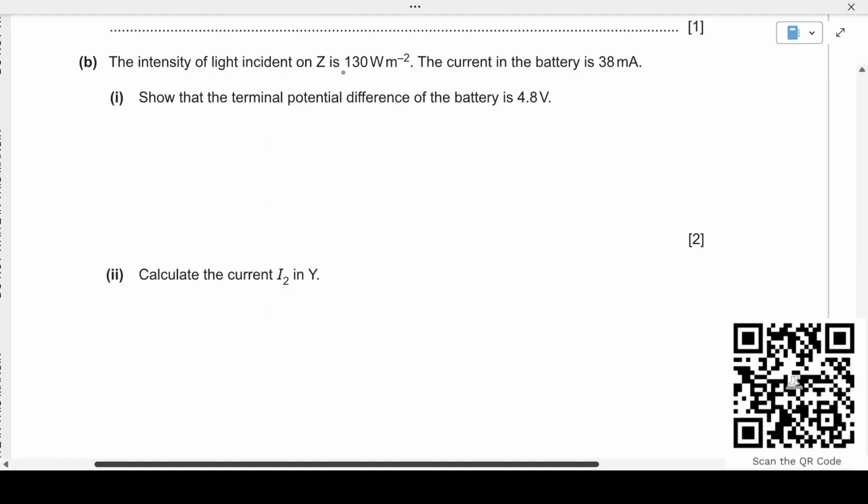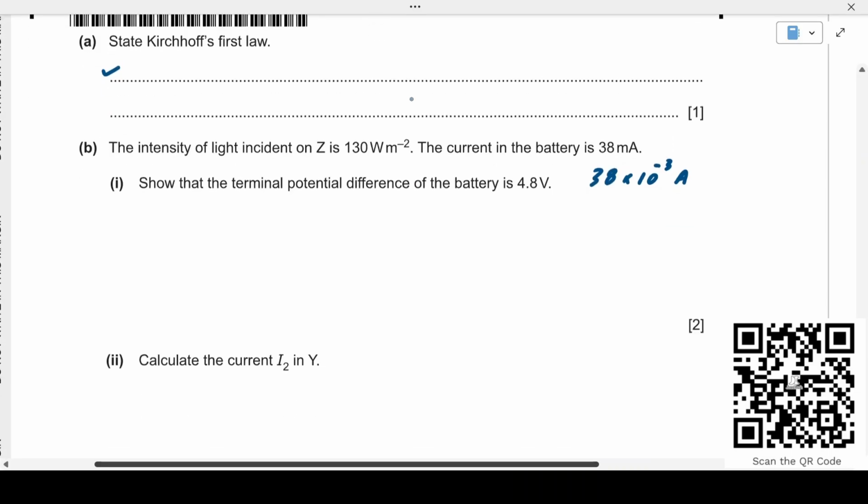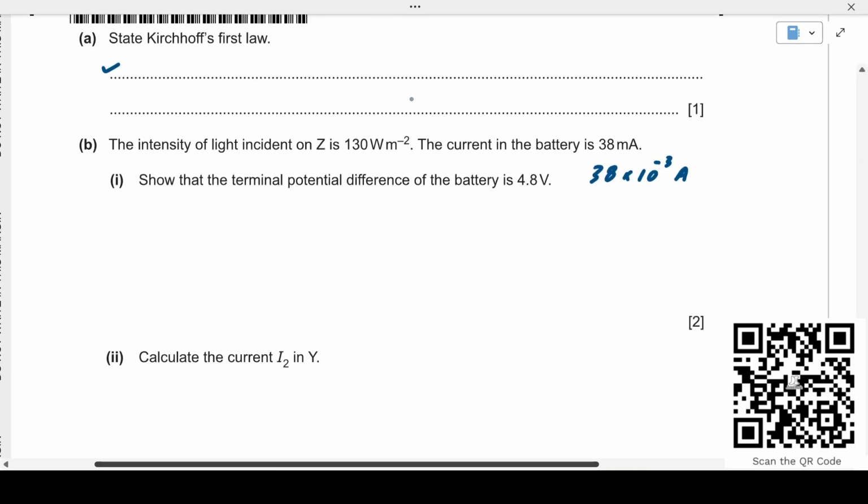The intensity of light on Z is 130 watts per meter square. The current in the battery is 38 milliamperes. Show that the terminal potential difference of the battery is 4.8.